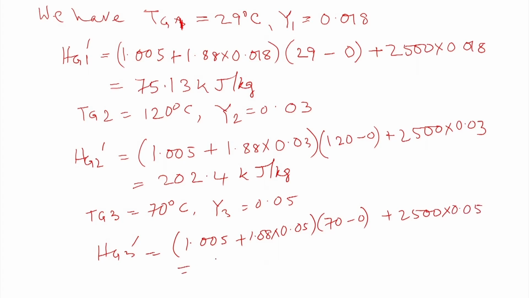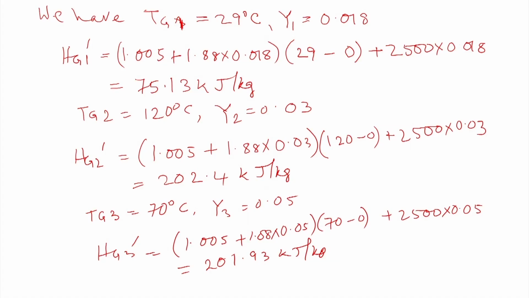So, that is coming out as 201.93 kilojoule per kg. So, we have now Hg1 prime, Hg2 prime and Hg3 prime. Now, we will be calculating the mass of the solid, and then from there we will be doing the moisture balance and enthalpy balance.